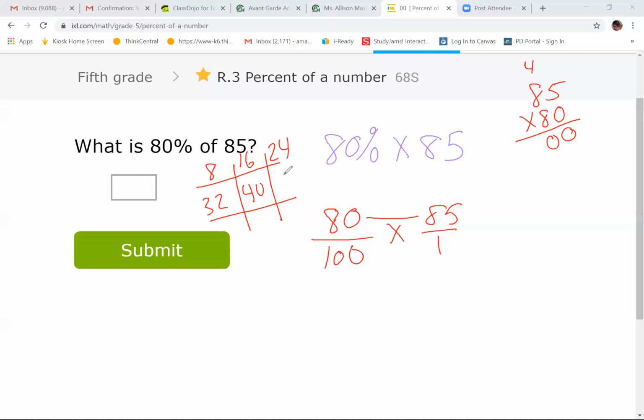And 40 plus 8 is 48, right? 1, 2, 3, 4, 5, 6, 7. So 7 times 8 is going to be 48 plus 1 more. It's going to be 56, right? And 56 plus 8 is going to be 64. Is that right? And then 64 plus 8 is going to be 72, because we know that 8 times 9 is 72. So 8 times 8 is going to be 64.